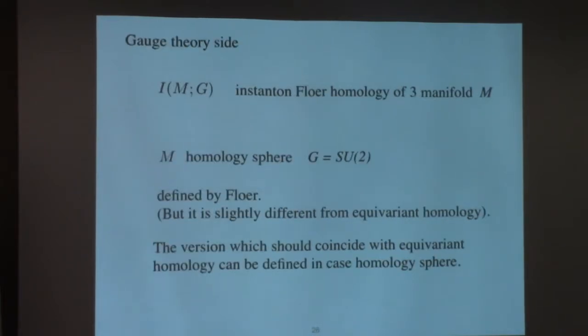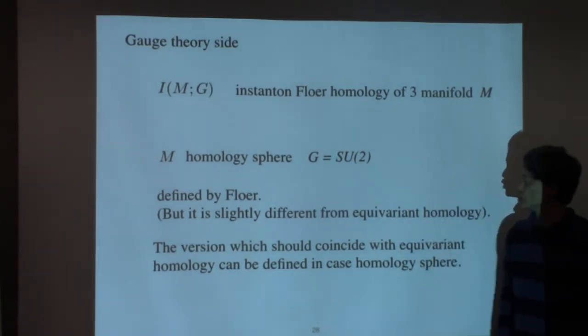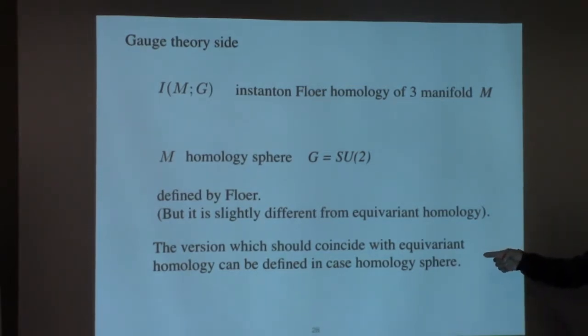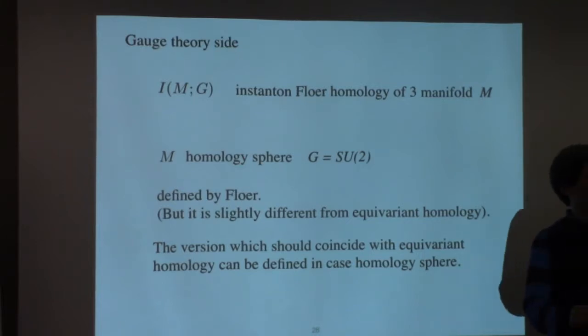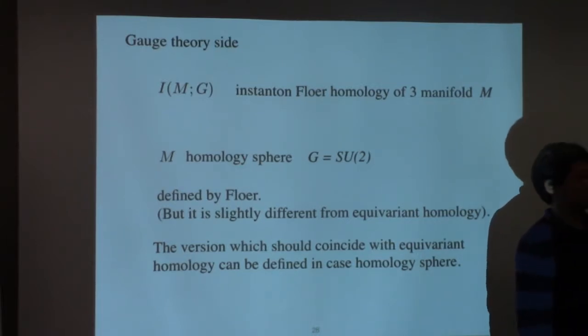On the other hand, if you go to the gauge theory side, we consider the instanton Floer homology of a 3 manifold M with trivial G bundle. Floer himself defined instanton Floer homology in the case where the gauge group is SU2 and the manifold is a homology sphere. That's what Floer did something like 35 years ago already, right?